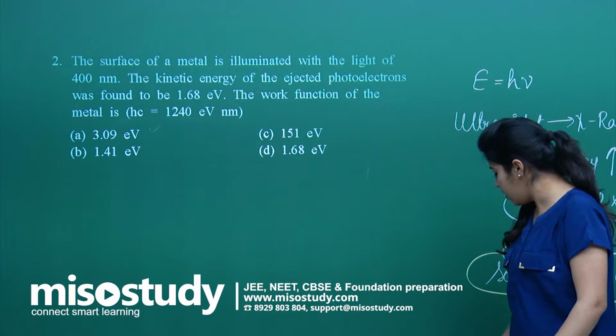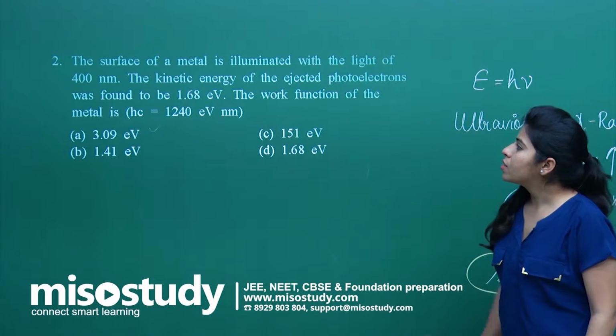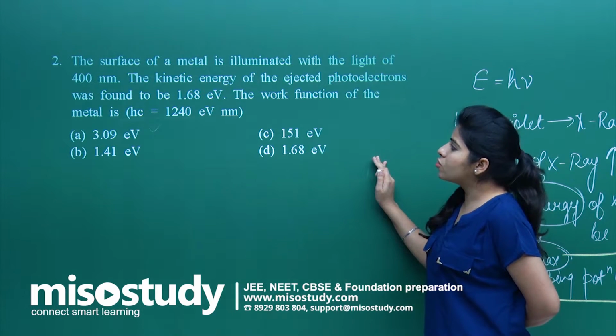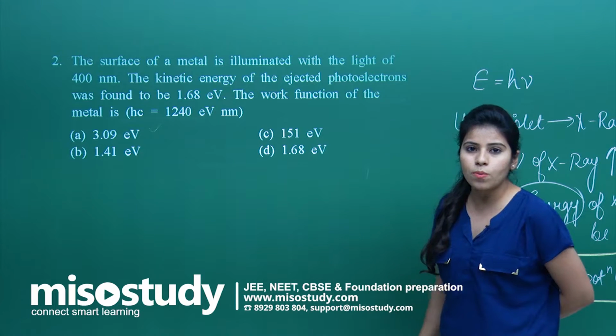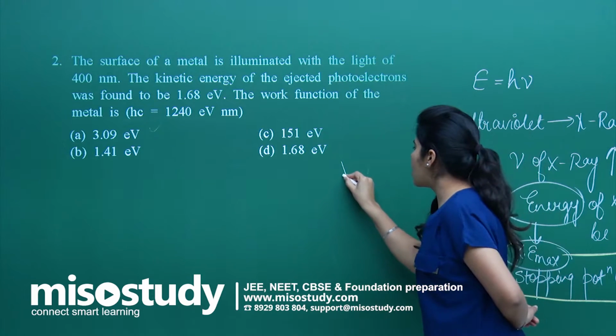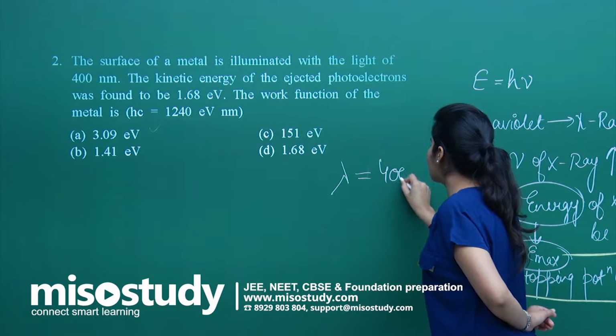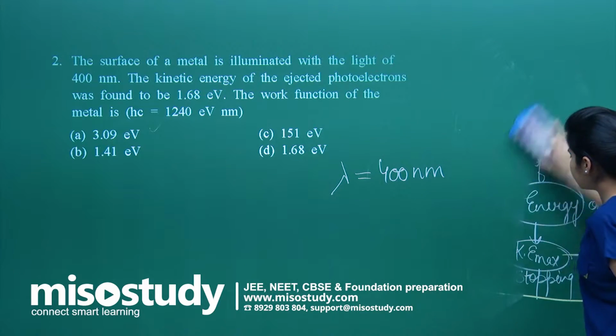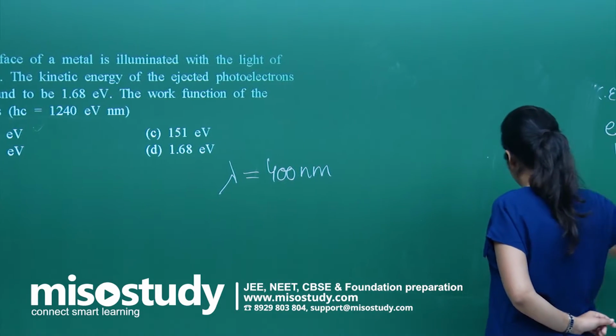So let us see what the second question is. The surface of a metal is illuminated with light of 400 nanometer. So let me write, the wavelength has been given as 400 nanometer. And what else?